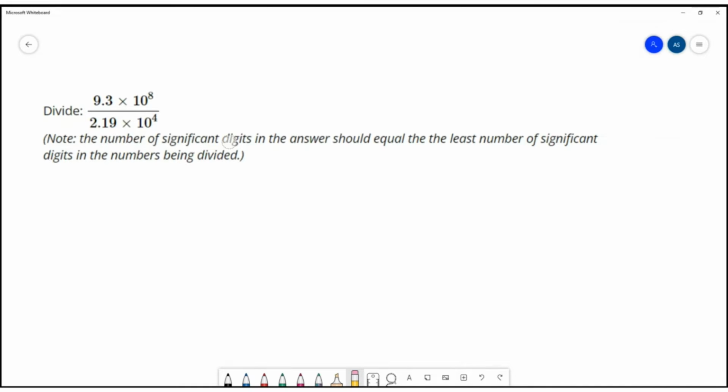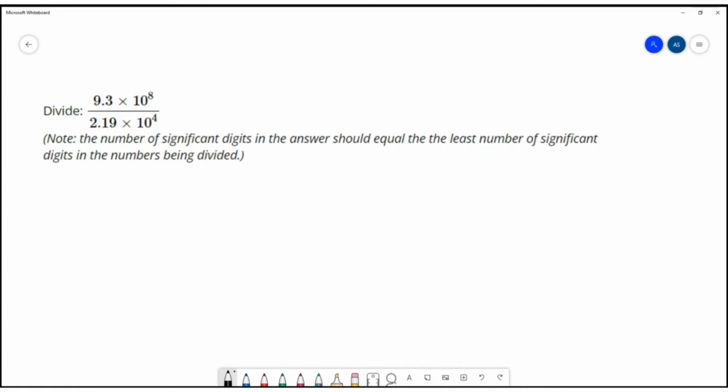The number of significant digits in the answer should equal the least number of significant digits in the numbers being divided. So we'll consider that in our answer as well. So we want to divide 9.3 times 10 to the 8th by 2.19 times 10 to the 4th.